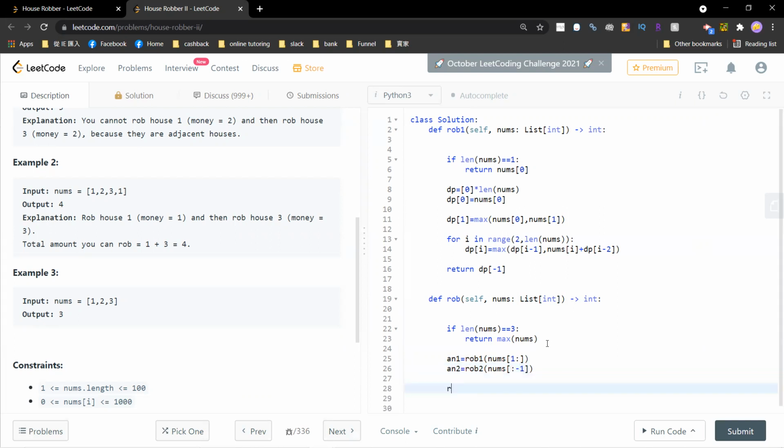Then I return the maximum of answer1 and answer2. And I guess you need to do self, because this is a class. Yeah, this is rob1.